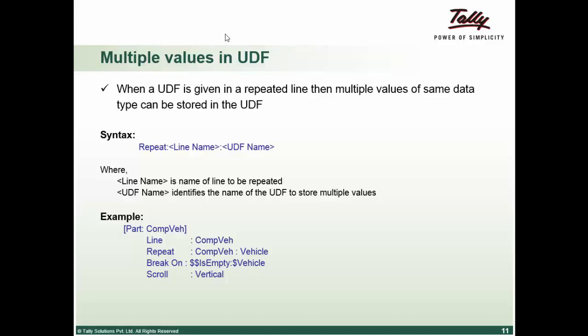Since we will require multiple values in that UDF, and when you want multiple values on different lines, the way to enable multiple lines is through the attribute repeat, right? However, here we do not have a collection. Here we need to prepare the collection.